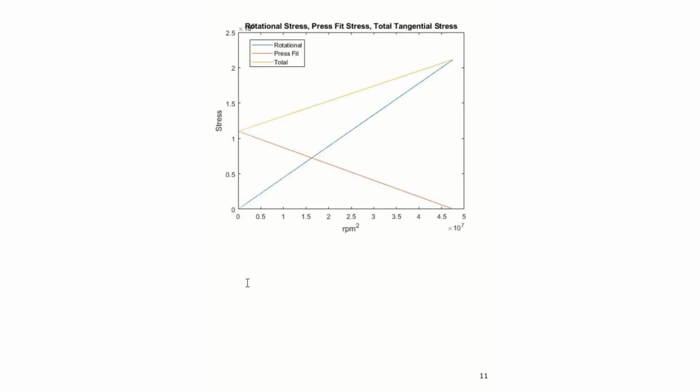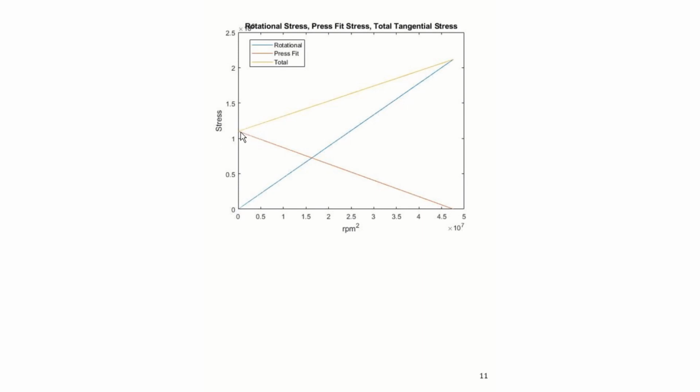And when we do that, this is the plot that we get. It's pretty interesting. The blue curve here is the rotational stress. And so you can see that as our RPM is 0, our stress due to spinning the disk is 0, but as it increases, this becomes the dominant component.